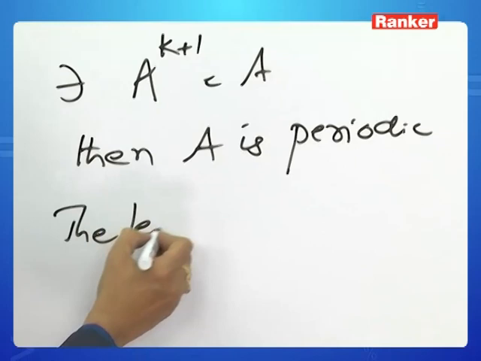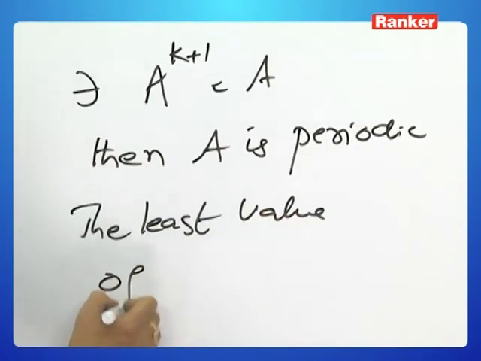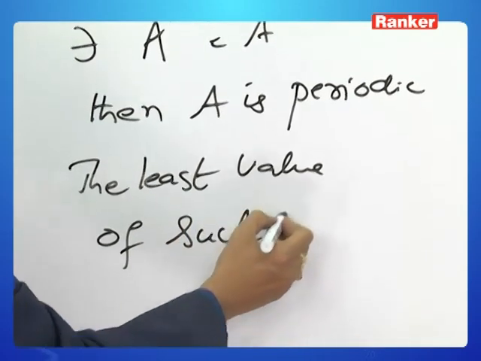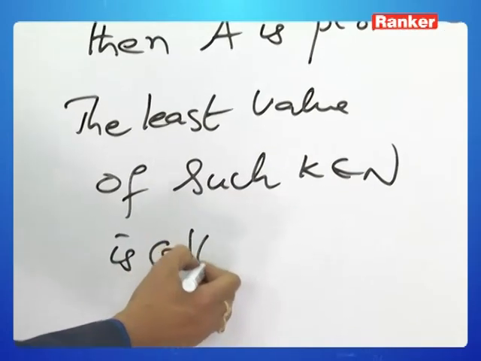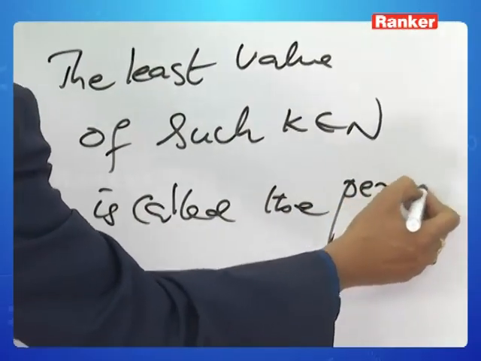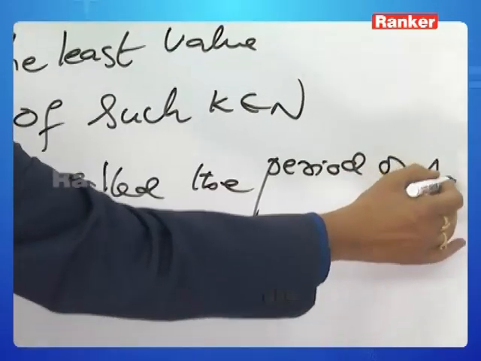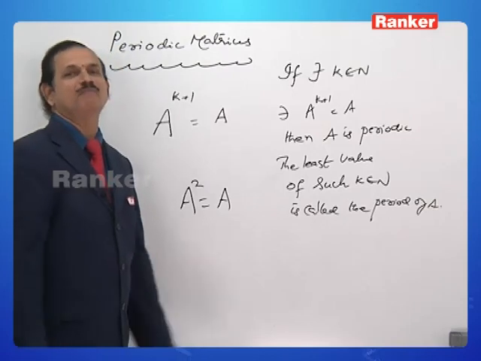The least value of such k belonging to N is called the period of A. This is about periodic matrices.